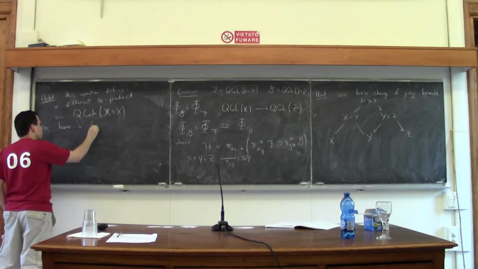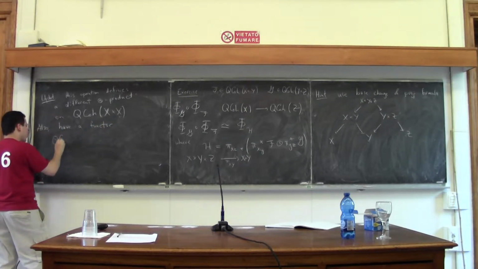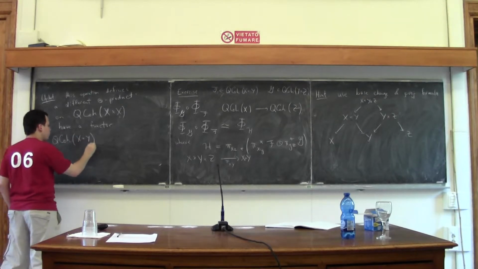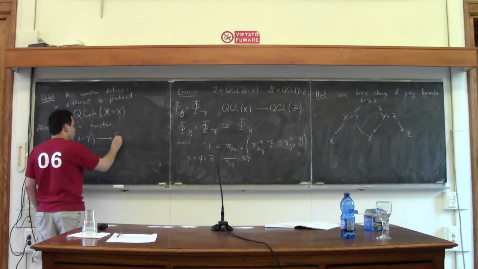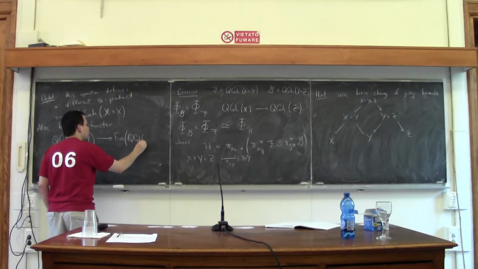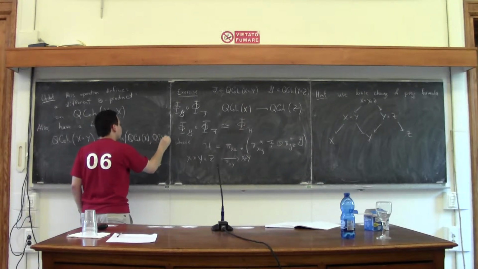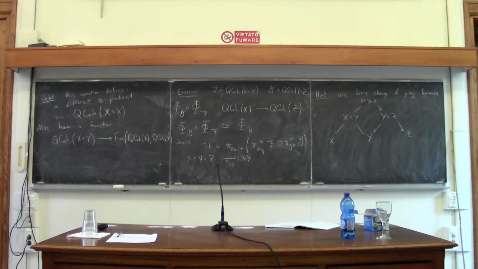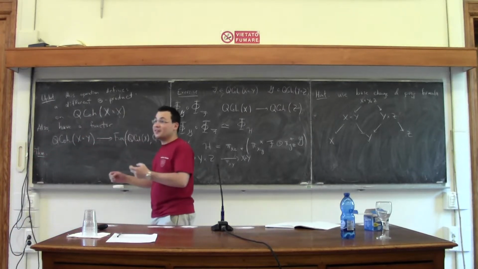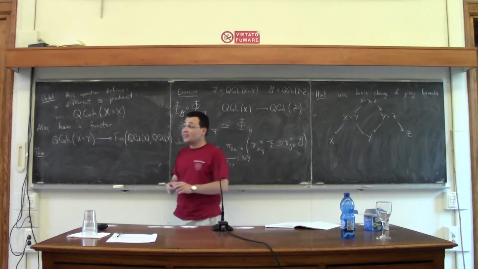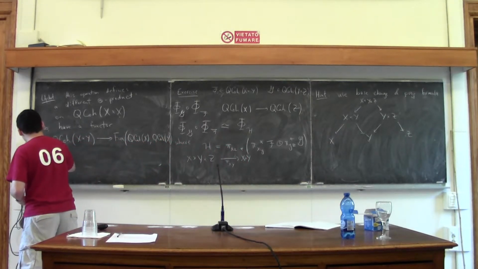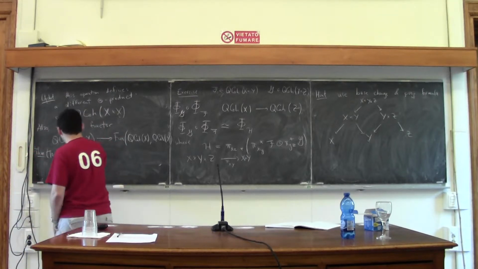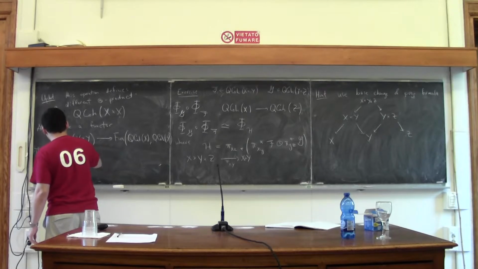But regardless, we also have a functor from quasi-coherent sheaves on X cross Y into functors from quasi-coherent sheaves on X to quasi-coherent sheaves on Y. And the theorem, I don't quite know who to attribute this theorem to, probably Toën, is that there's an equivalence.